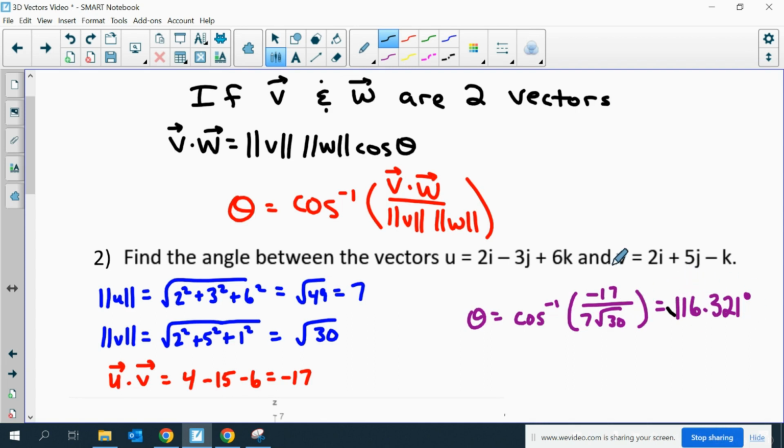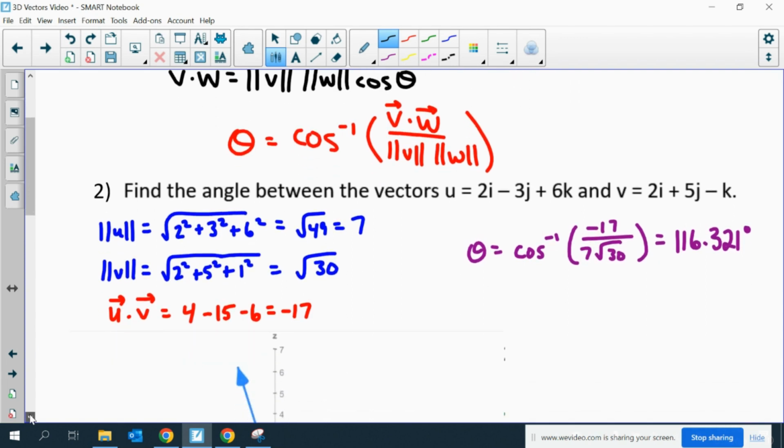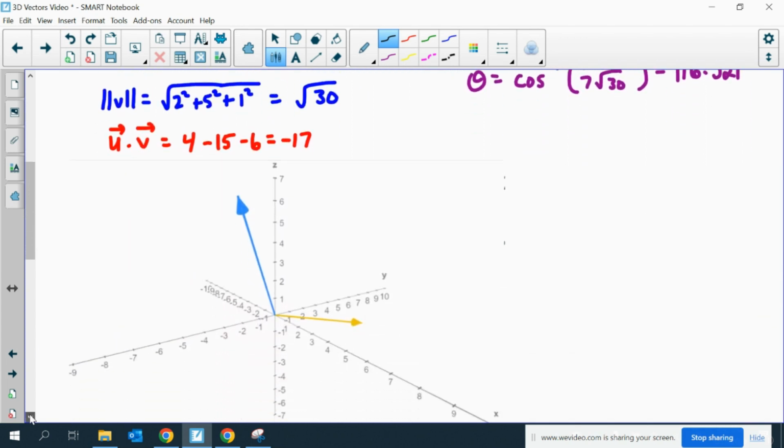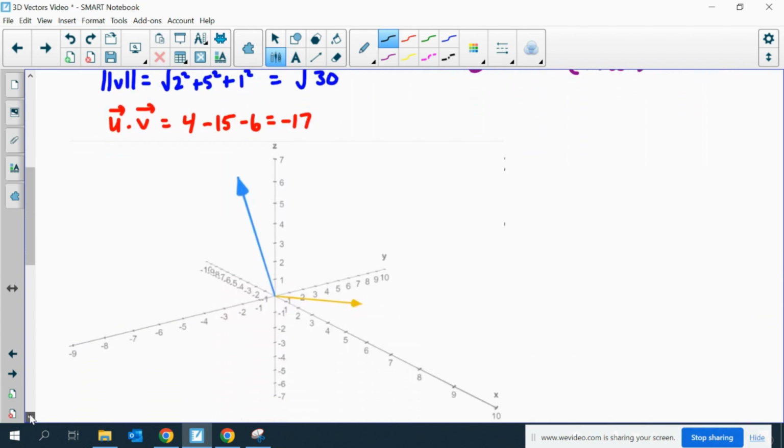We get 116.321 degrees, and we can look at a visual of that and see that this angle would be something like 116 degrees in 3 dimensions.